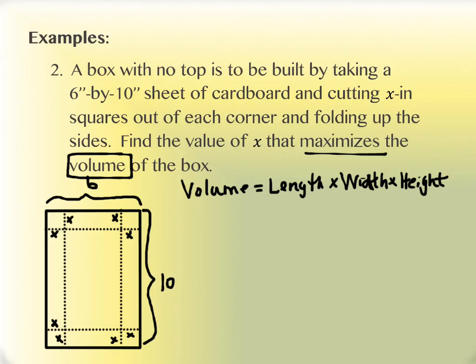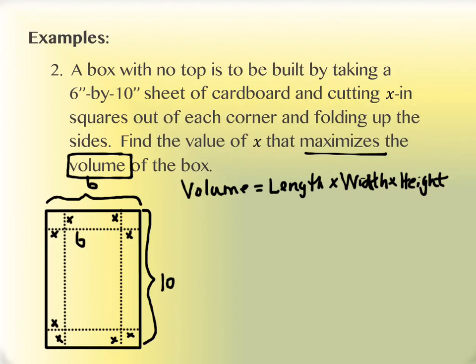Now, my picture as it's drawn is still a two-dimensional picture, so we have to use our imaginations a little bit to think about the folding to get our length and our width. Take a look at what ends up being the base of the box. The part that remains two-dimensional is the inside rectangle, right? What are the dimensions of the inside rectangle?